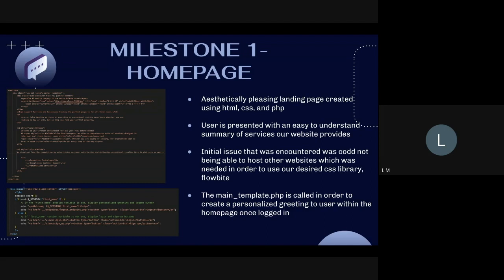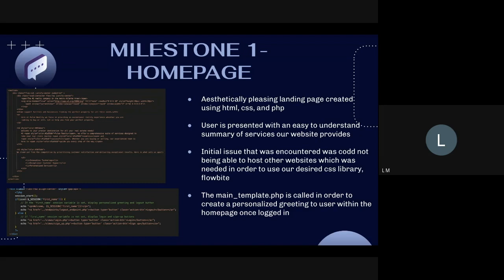So within the home.php file, the main template PHP file is called, and this is done to create a personalized greeting for the user once they are logged into the homepage.